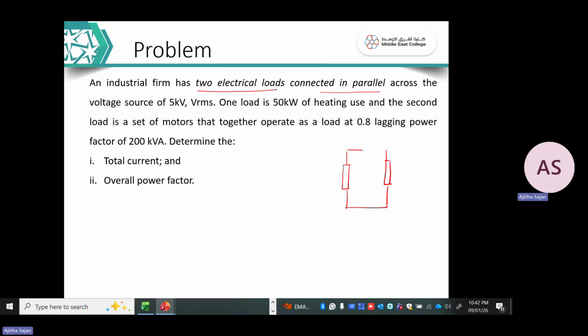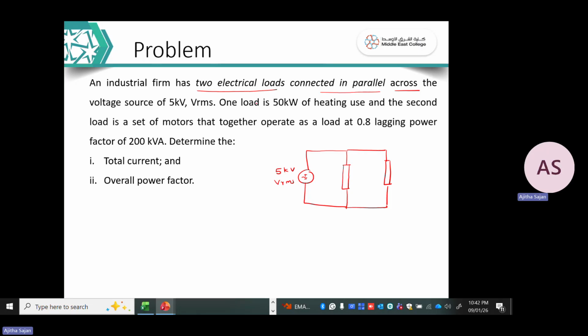These two loads are connected in parallel across a voltage source. How much? 5 kilovolt VRMS. It is okay because 5 kilovolt is given as an RMS voltage.